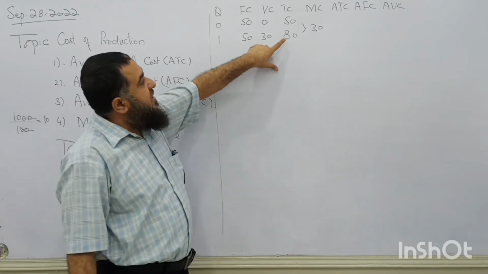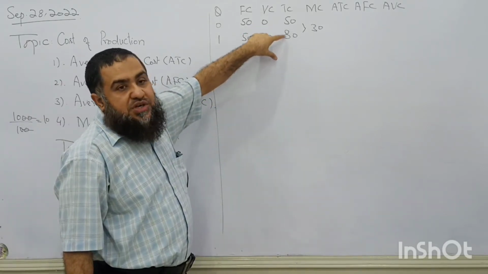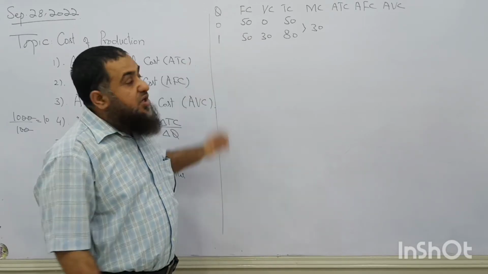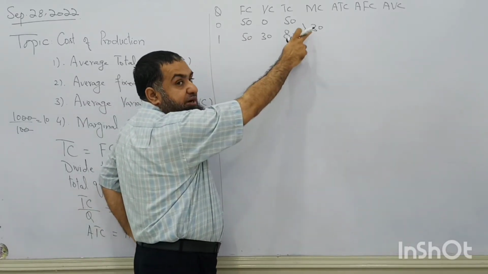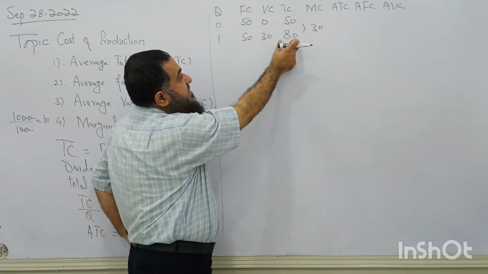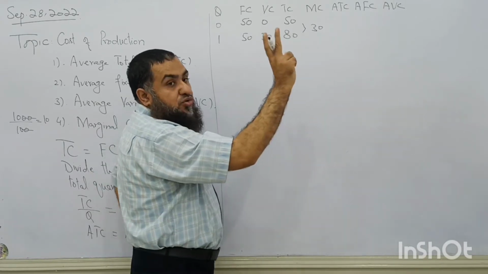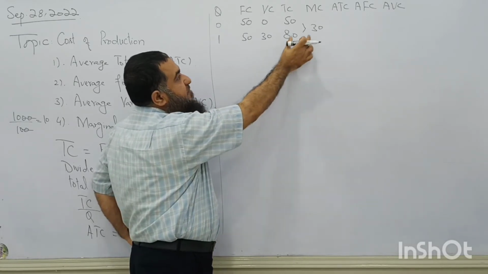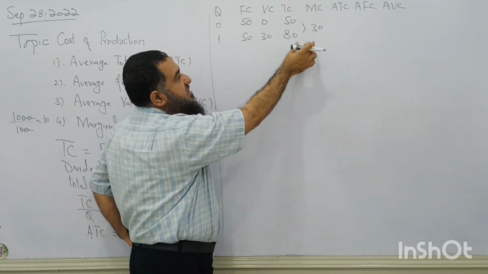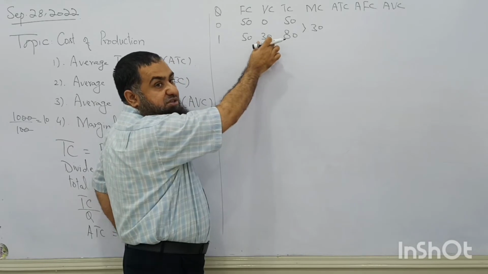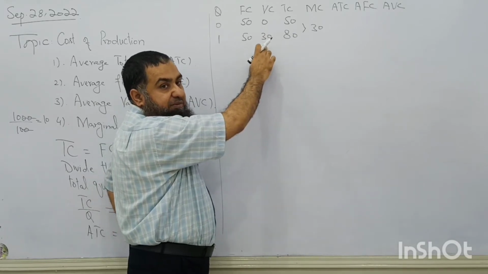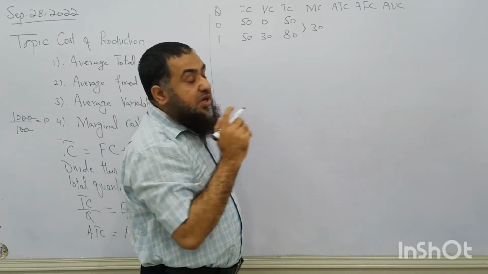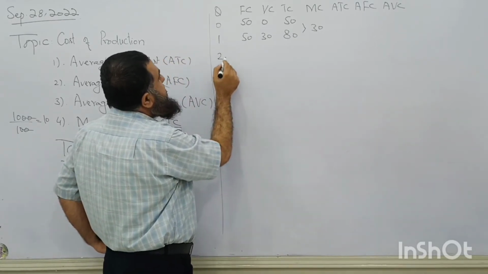How much is the marginal cost? This is the change in total cost due to an extra unit produced. Follow my point? Yes. So look at this number 30. This 80 is including two costs, fixed cost plus variable. 50 is the fixed cost and the marginal cost is the difference of the variable cost. As variable cost is 30, so marginal cost is also coming equal to 30. Now the second unit is produced.